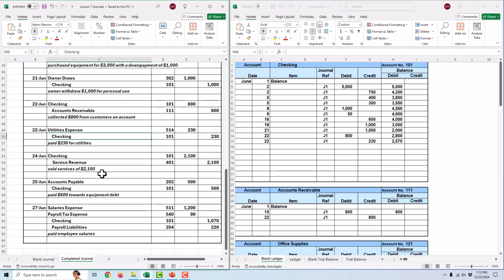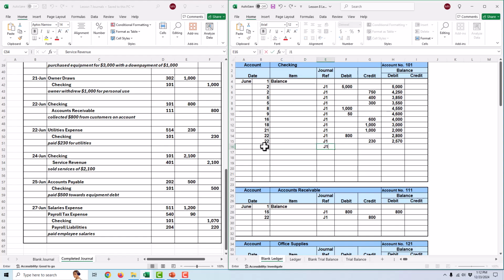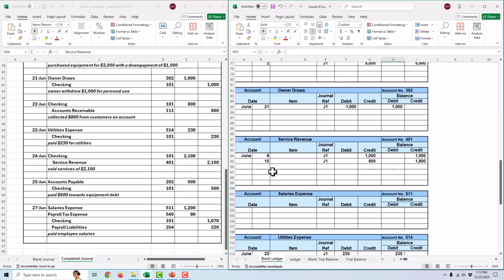And then the next one was a debit to checking and credit to revenue. Under checking, there was a $2,570 debit balance plus $2,100. That would be $4,670 if I added those two debits together. And then I would want to put that in revenue.